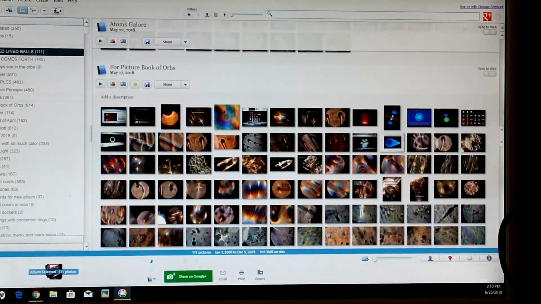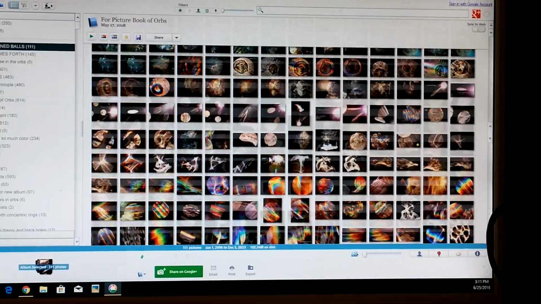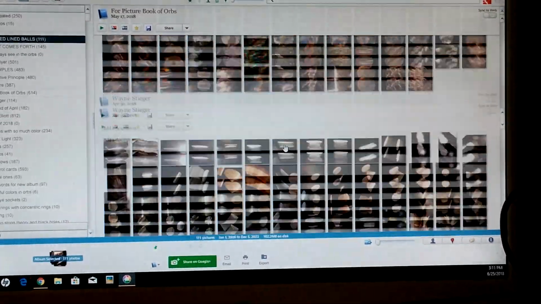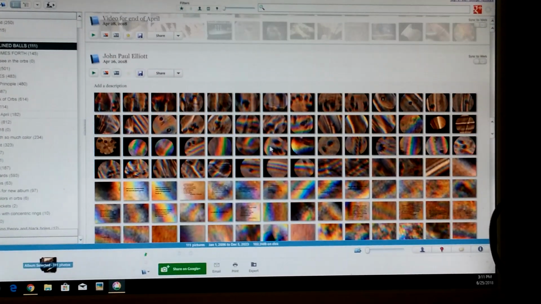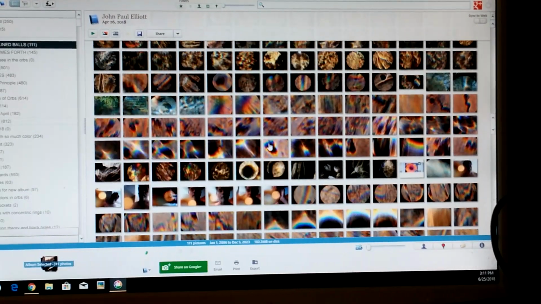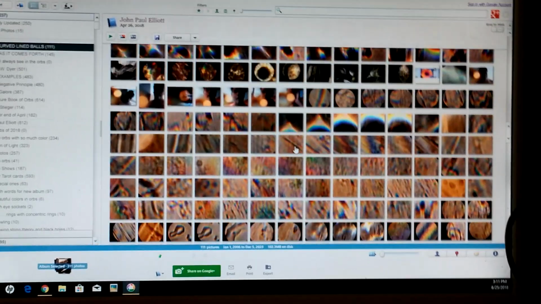But I do have a tremendous amount of pictures, which I would love to share with the scientists. I would send them all the pictures I have if they wanted them, and let them look at them. Let them find out that it isn't lens flare or bugs or dust.